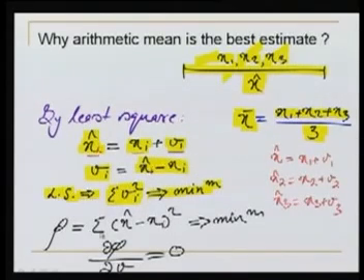So we write sigma of xi hat minus xi square. I will write i for some time, then later I will not use this i. We'll talk about why. This should be minimum. In order to make it minimum, we need to find the partial derivative of this phi with the residuals and make them equal to 0. So let's do it now.